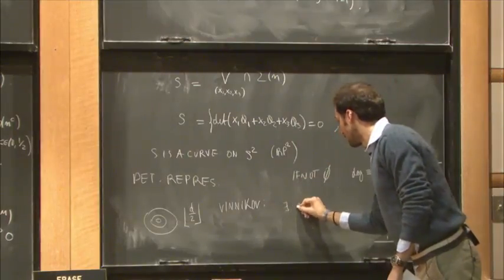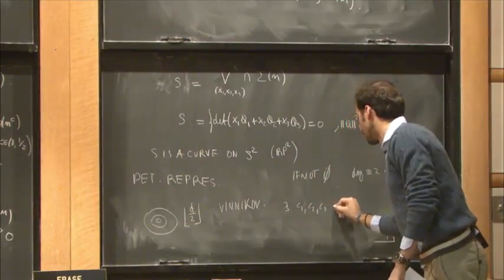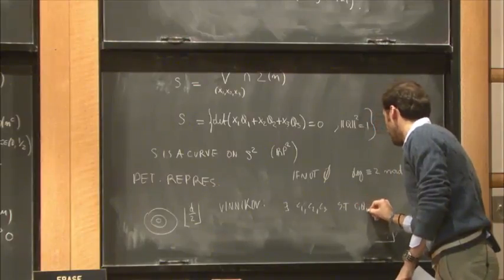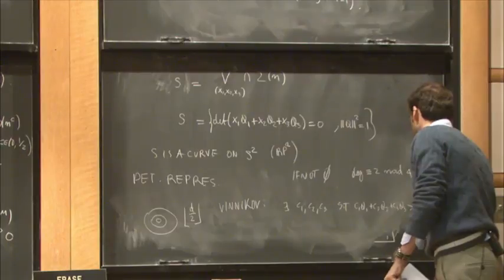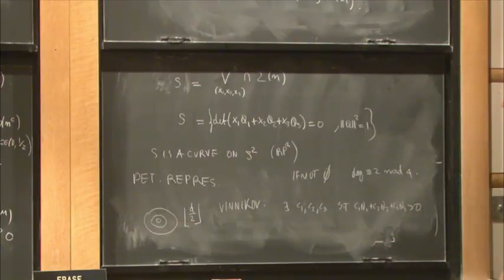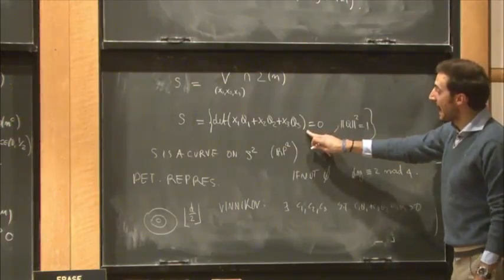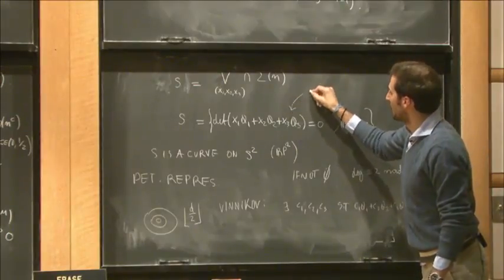So there exist C1, C2, C3 such that C1 Q1 plus C2 Q2 plus C3 Q3 is positive definite. By the way, this curve has degree n, the size of the matrix, right? Degree n.